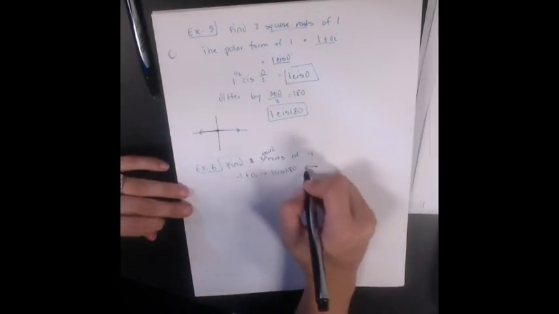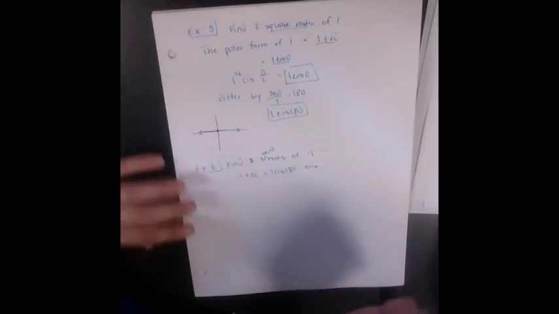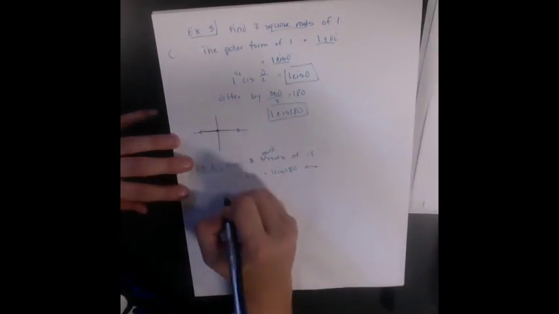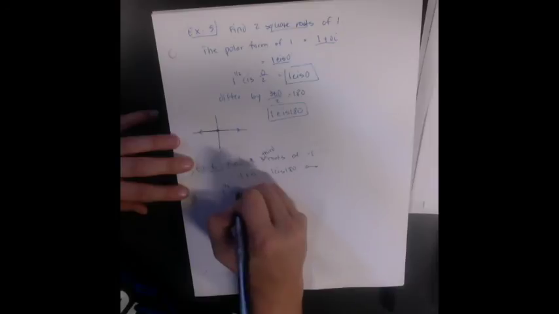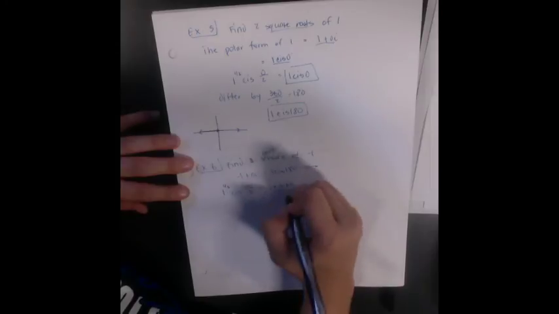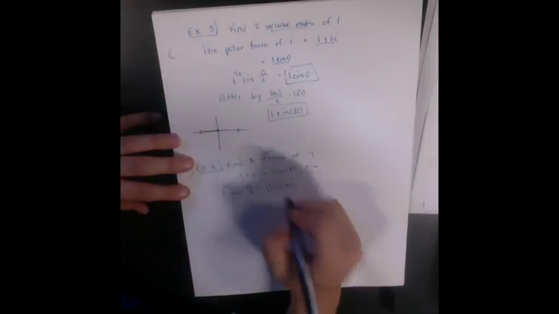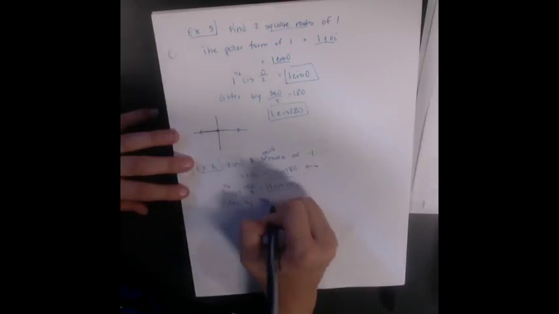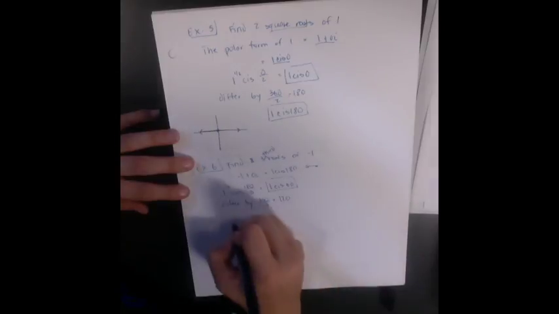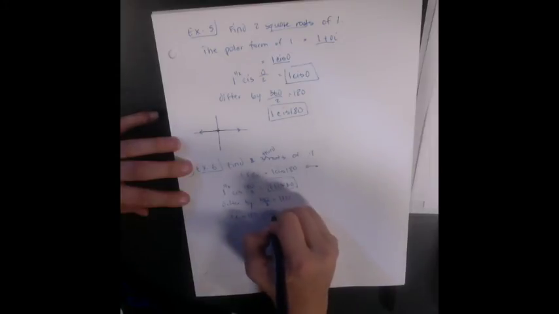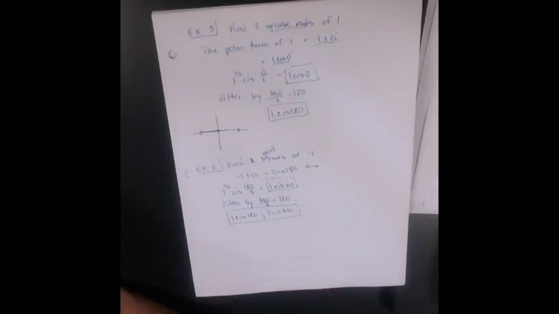It's the black arrow going this way. And our first angle, we have 1 to the 1/3 cis of 180 over 3, which gives me 1 cis 60. And then we will differ by 360 over 3, or 120. So I will have 1 cis 180 and 1 cis 300. Those are my others.